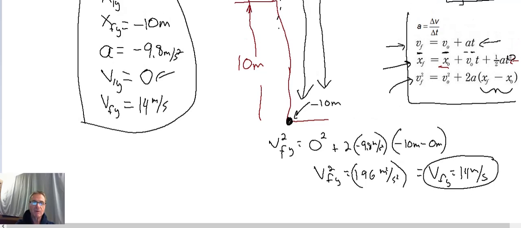But we have to be very careful with the signs here. Okay, so v final. Now, I should point this out ahead of time. The v final that we came up with turned out to be 14 meters per second. What was the direction of the velocity? Was it not down? It was, right?